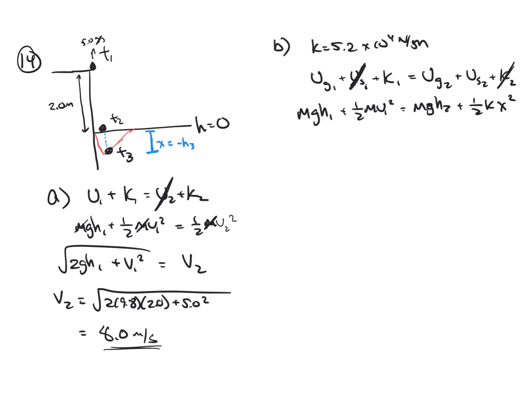It goes down, so h3 is a negative number because it's below the reference. X is a positive number, though. X is the amount that the trampoline deforms by, so x has to be negative of h3. H3 is negative, but a negative of a negative is positive. Actually, in my solution here, these need to be 3s, not 2s. So the key is x equals negative h3.